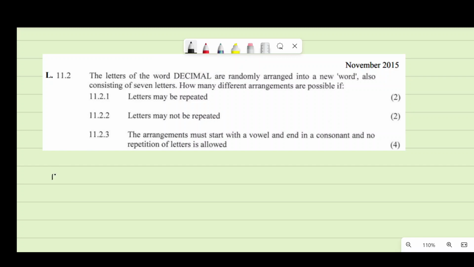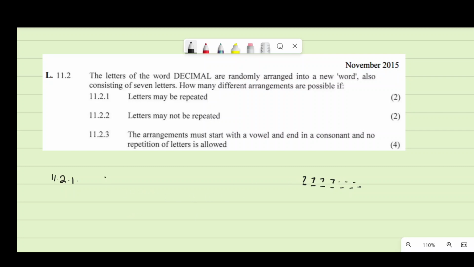11.2.1 says letters may be repeated. How many letters are here? Decimal means 1, 2, 3, 4, 5, 6, 7 letters are there. So letters may be repeated means first position can be any of the 7 letters. Second position can be any of the 7 again. It can be repeated. That is the meaning of it.